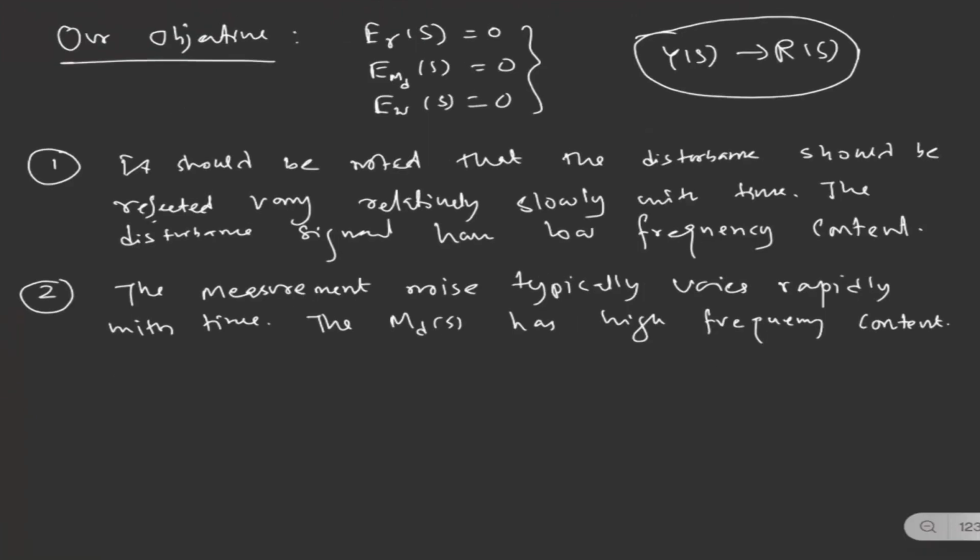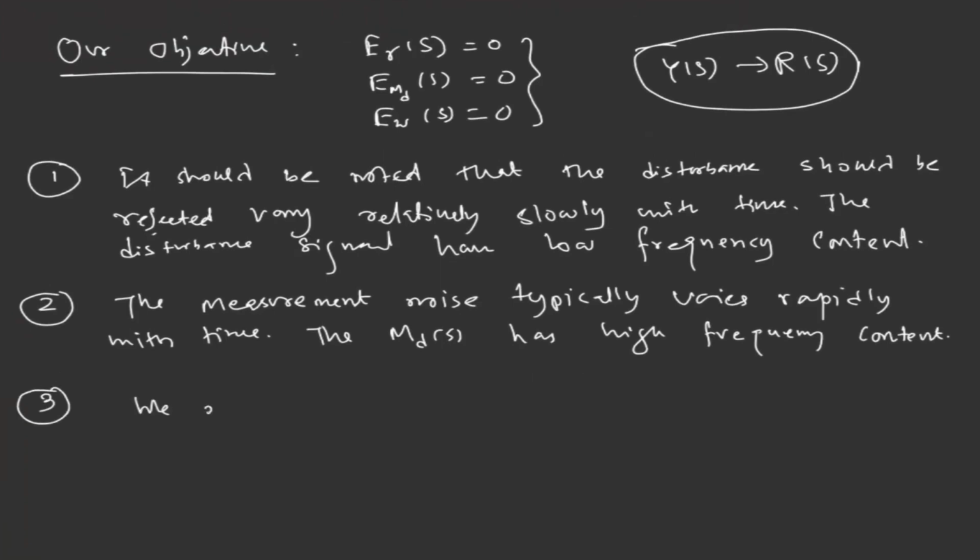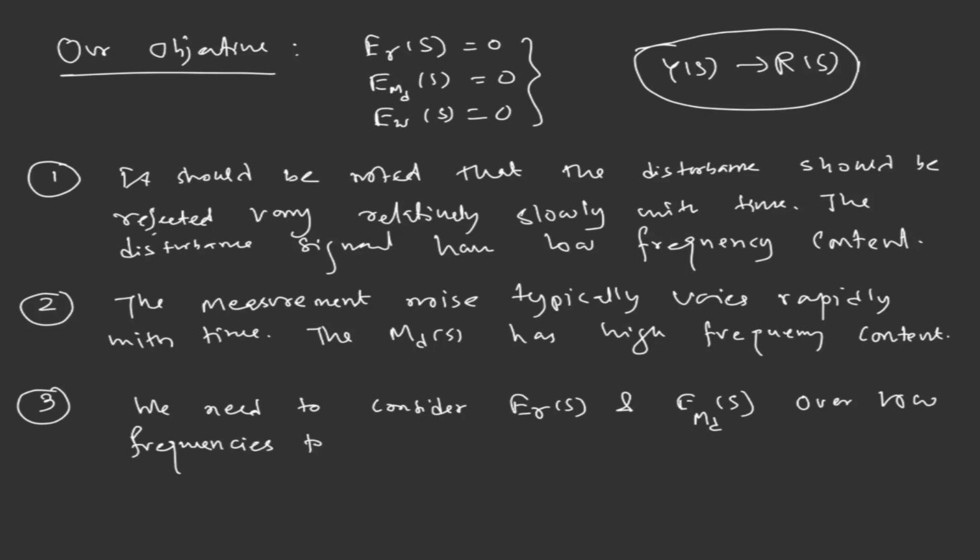We also have another point. In addition to this, we need to consider E(R)(S) and E(MD)(S) over low frequencies to ensure good reference signal tracking and disturbance rejection, because our main motivation is how we can track the reference signal and reject the disturbance.